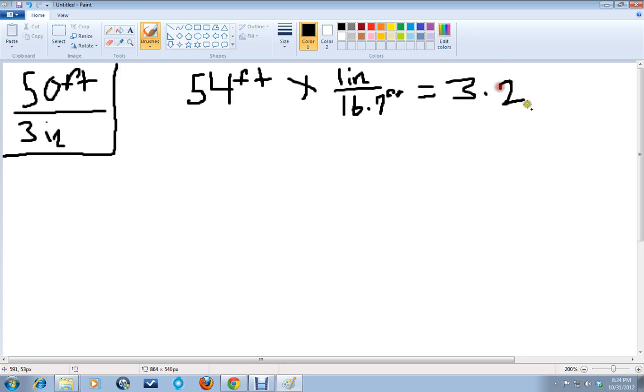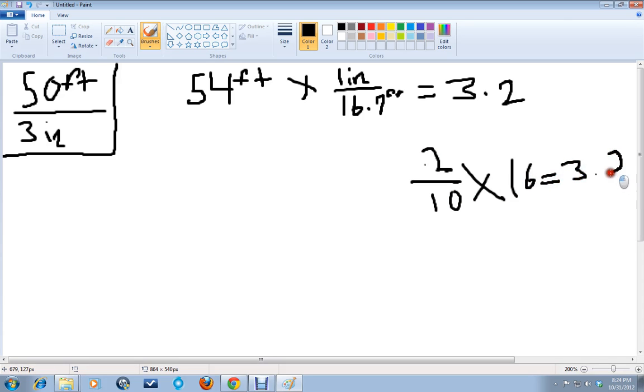Okay? So you just do the same thing to convert that to inches. You do 0.2 over 10 times 16. And then you should get, again, 3.2.